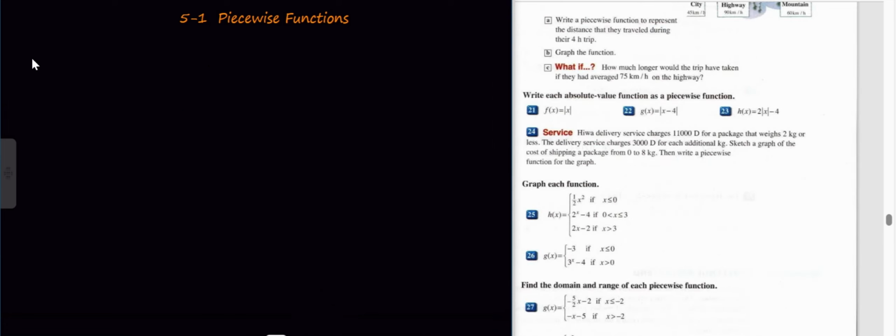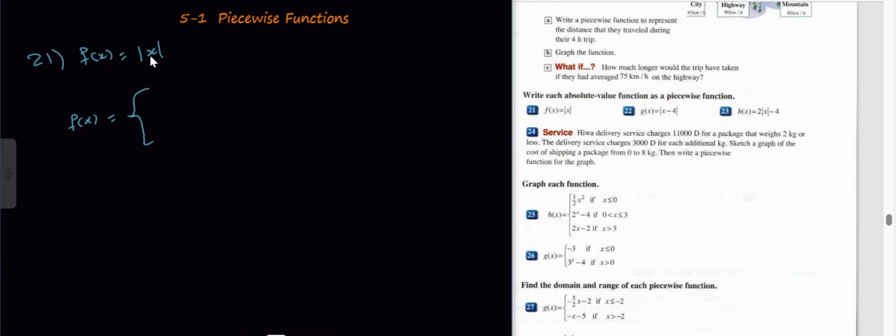For example 21, we have f(x) equals the absolute value of x. To write this one as a piecewise function, first write this: f(x) equals, and we have two functions.